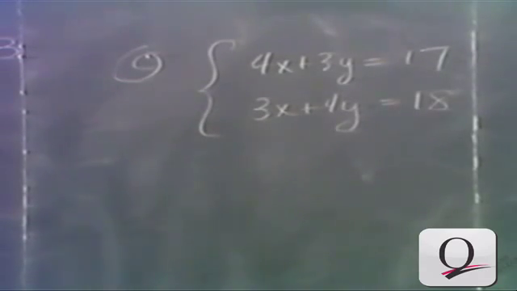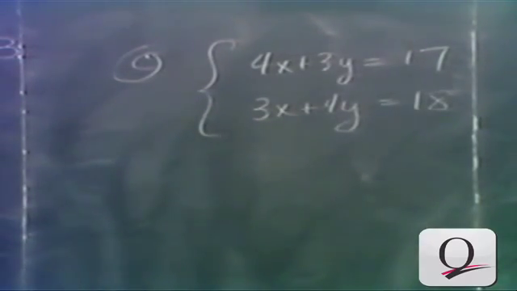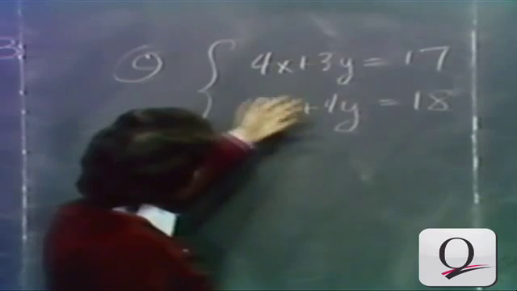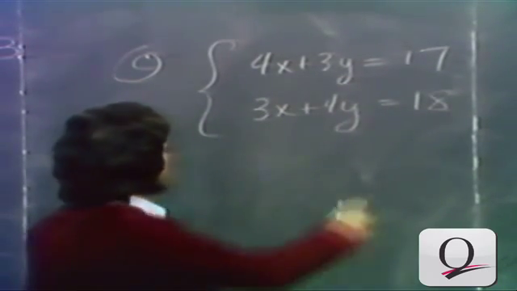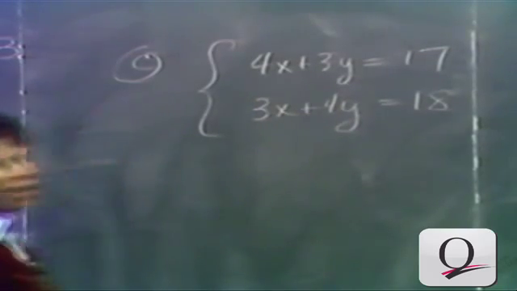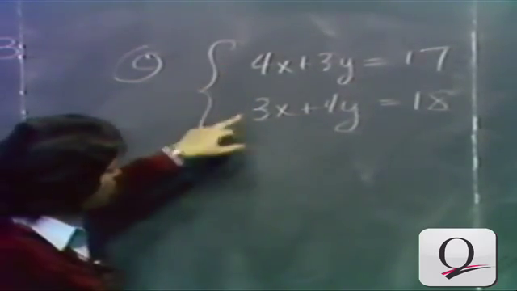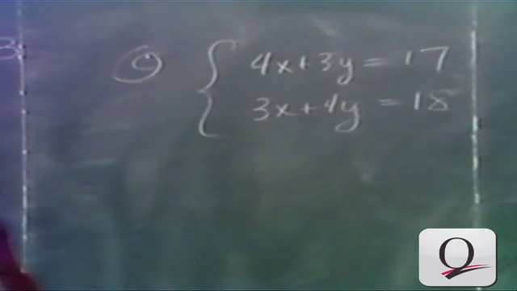Okay, this is slightly more complicated than the previous problem because we can't get away with just multiplying one of the equations. In this case, we're going to multiply both the top equation and the bottom equation through by numbers, and we're going to add in order to use this method of elimination.